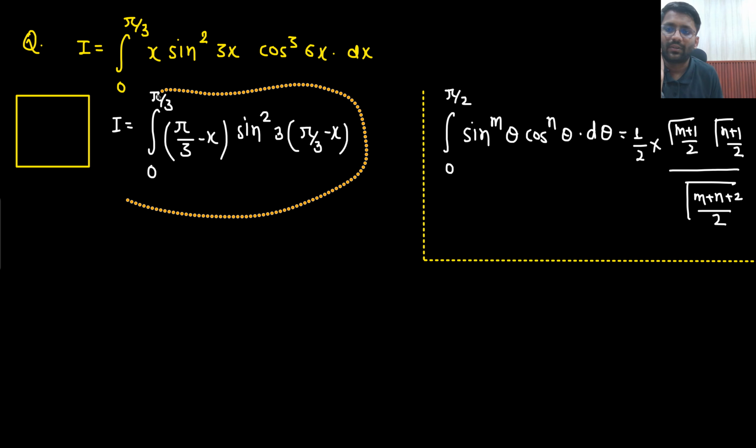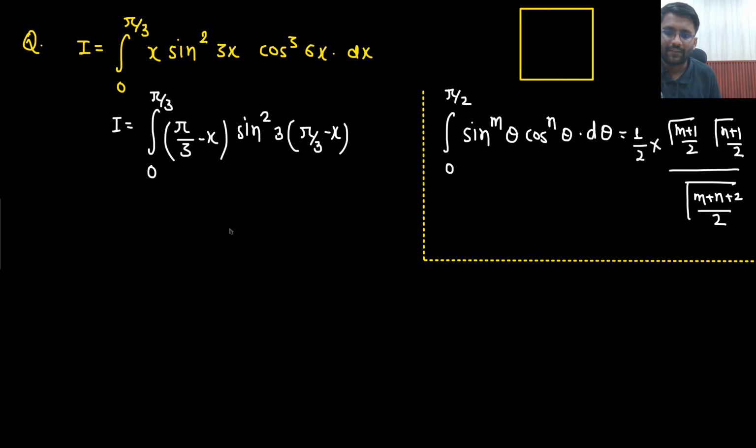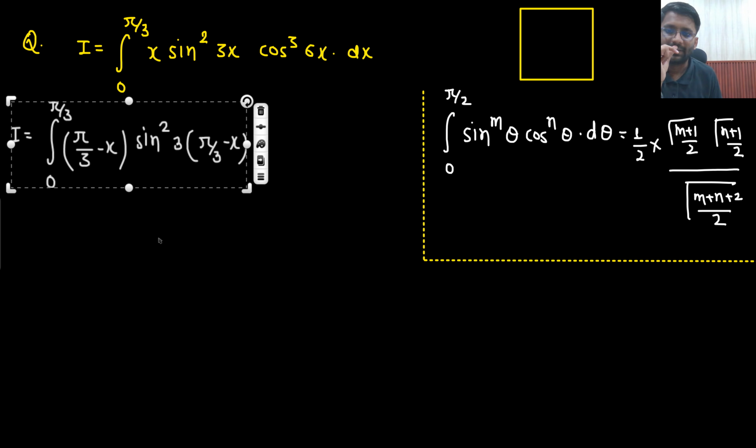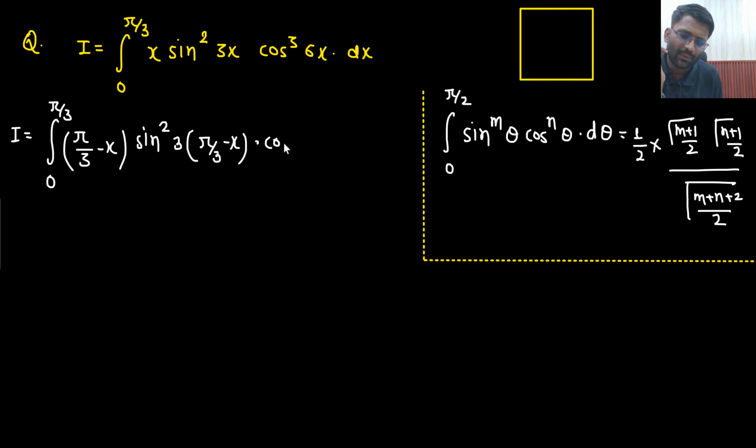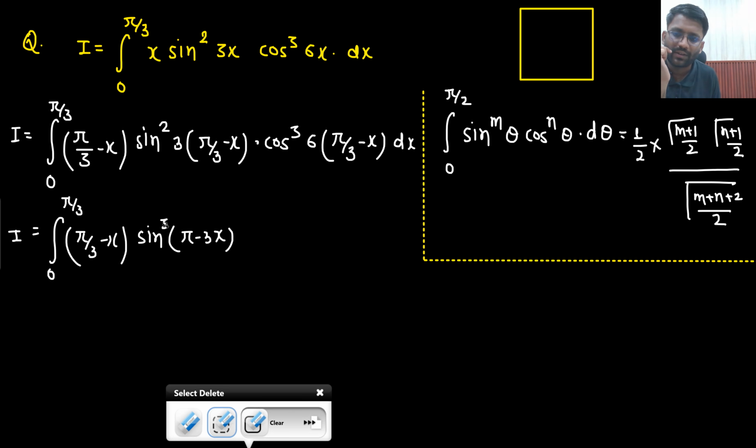So let's write it down a bit down, or let's do one thing. Let's take this box here and let's keep it here. Dot cos cube 6 pi by 3 minus x dot dx. King's rule I am applying. So what I am getting, 0 to pi by 3, this is your I, pi by 3 minus x sine, inside this what you are getting, pi minus 3x whole cube or whole square, this 3 multiplied.